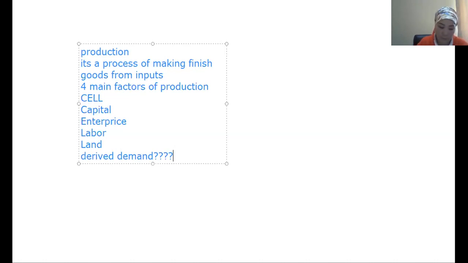Now I want to talk with you about labor, land, capital, and enterprise. What are the determinants of the demand for factors of production? A determinant is something that is important for the demand of the factors of production.